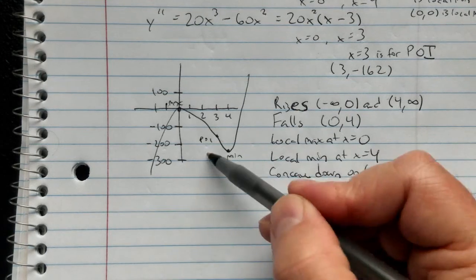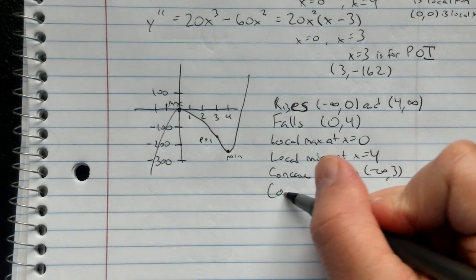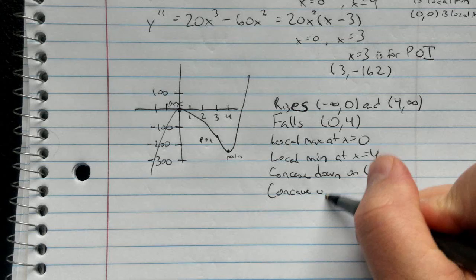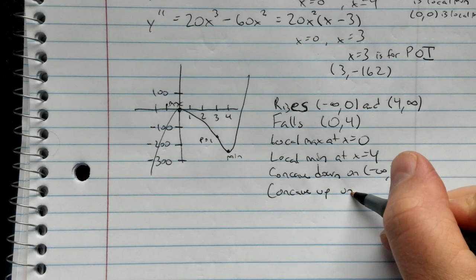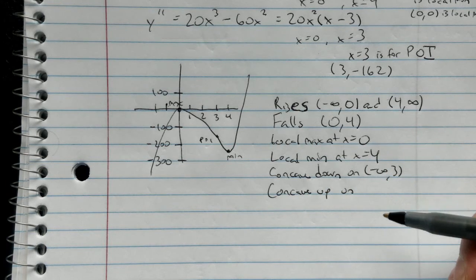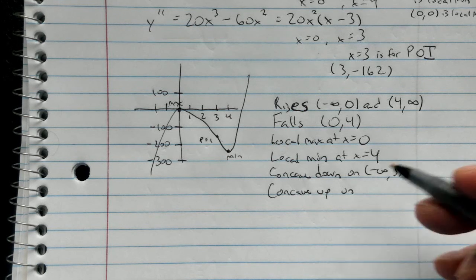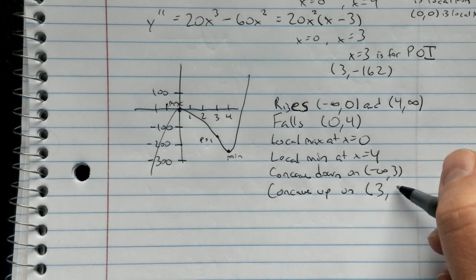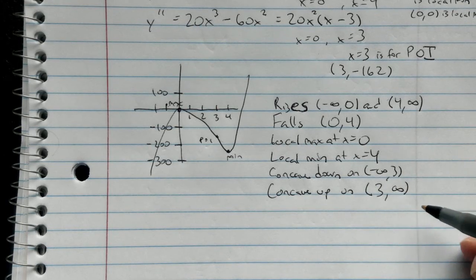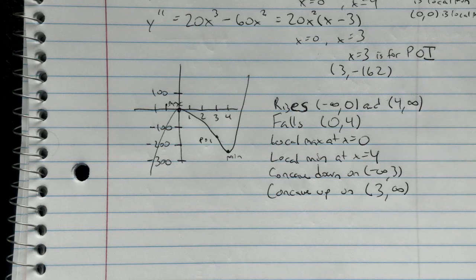So that's where it's down, and it's concave up on 3 to infinity. And as we said already, x equals 3 is your point of interest, or point of inflection.